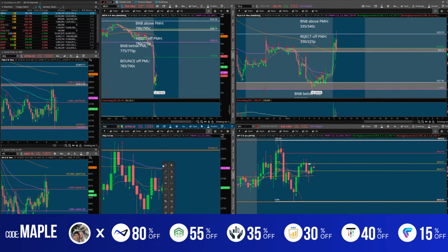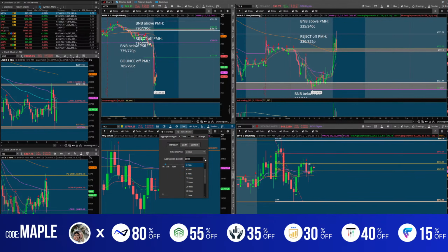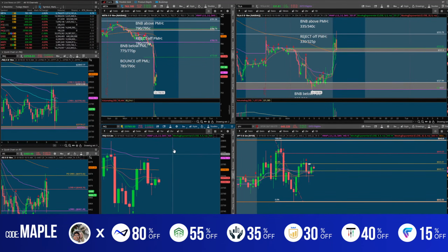See if they hold that. NQ or ES is just telling a different story though. Maybe it's a 2-minute on NQ here also. Really interesting then.